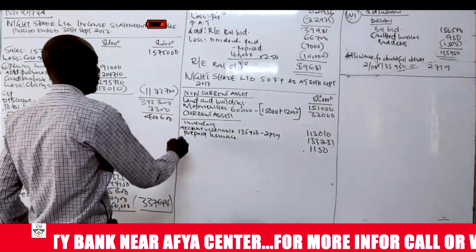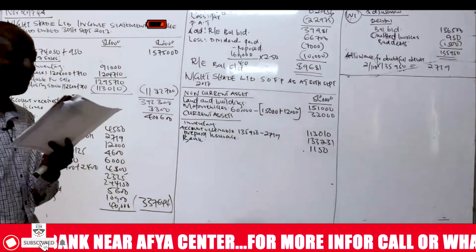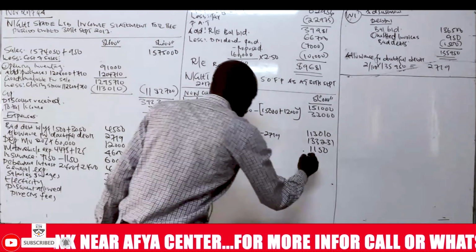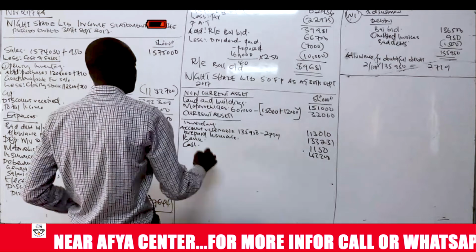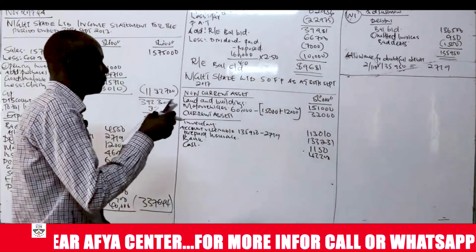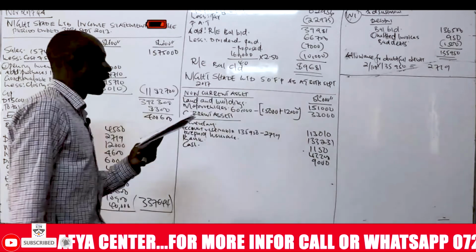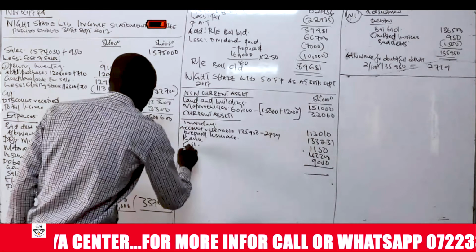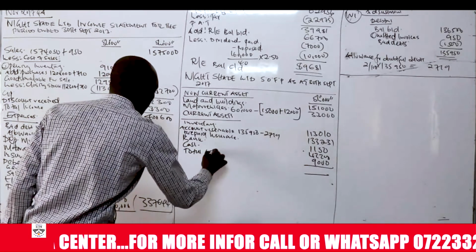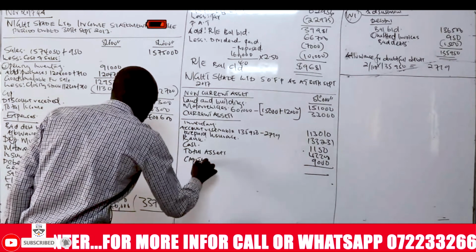We have bank balance, how much is it? 42,200. And then we have cash, how much is it? 9,000. Those are the exhaustive, those are the total assets here. So we have total assets. And then we have capital and liabilities.